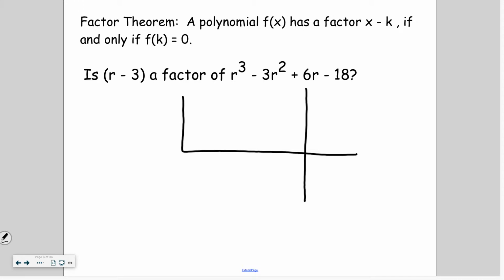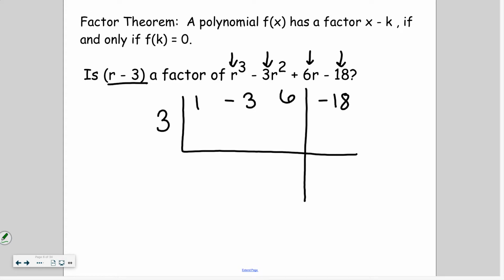We're going to take the coefficients and the constant, and we're going to put them on the inside. So we have a 1, we have a negative 3, we have a 6, and then we have a negative 18. And what do we divide by? We have our r minus 3, but we have to change that sign. So instead of negative 3, it's positive 3.